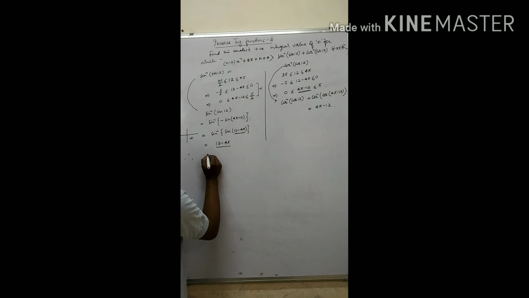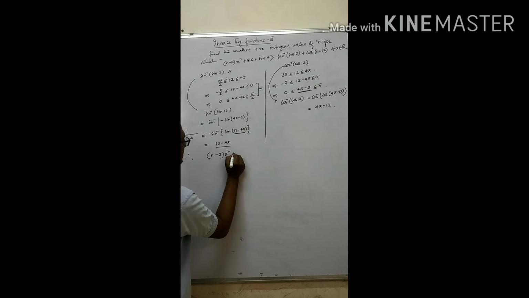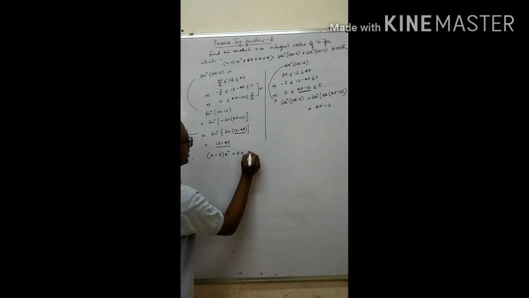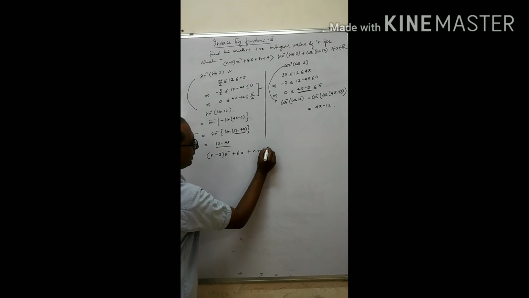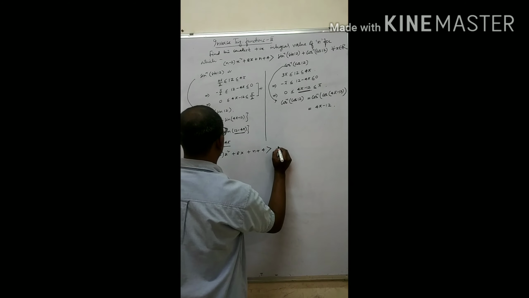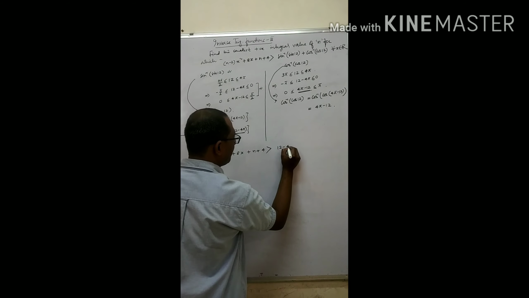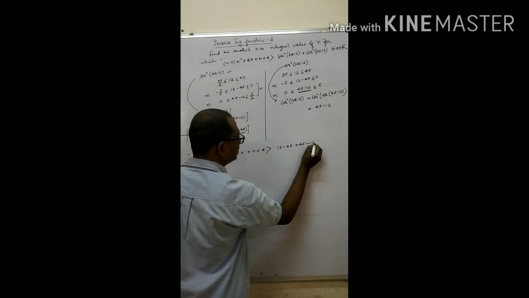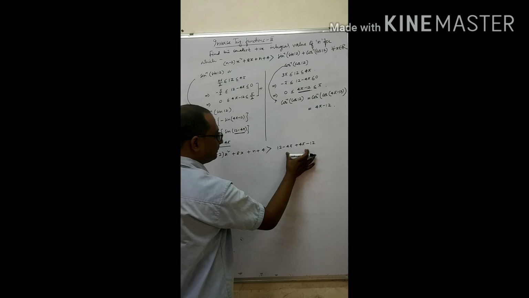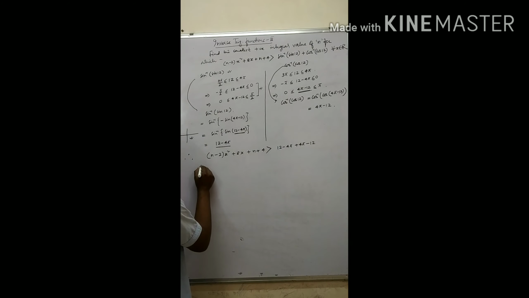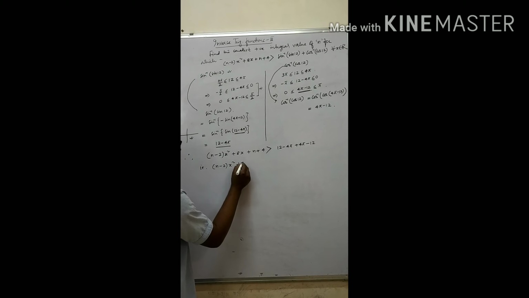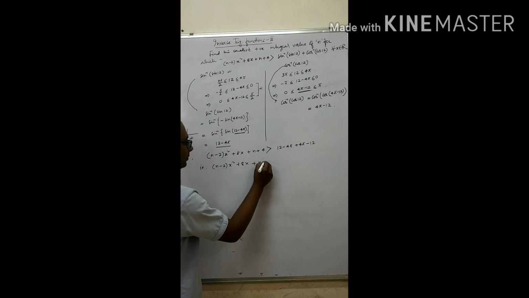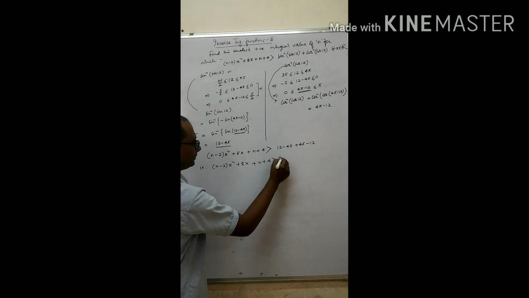Therefore, the inequality reduces to (n minus 2) into x square plus 8x plus n plus 4 is greater than 12 minus 4 pi plus 4 pi minus 12, which is nothing but 0. That is, (n minus 2) into x square plus 8x plus n plus 4 has to be greater than 0.